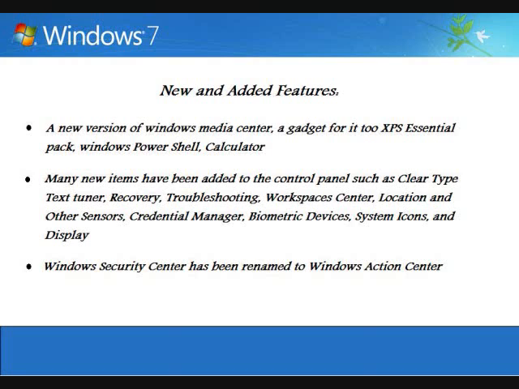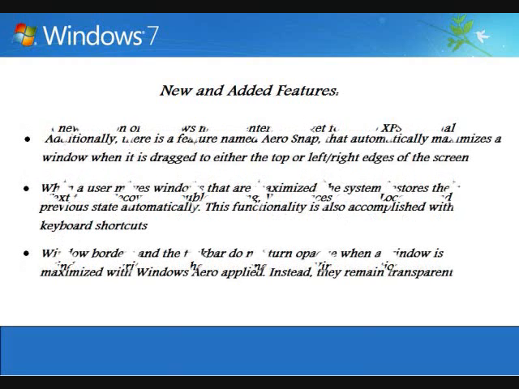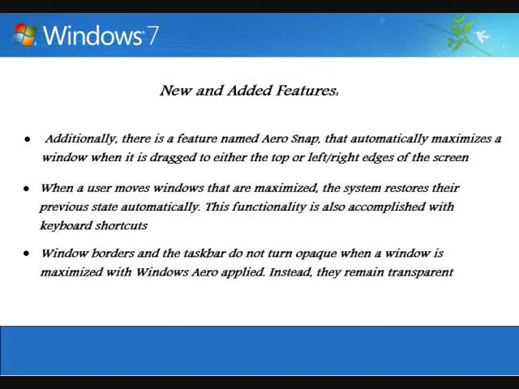Then comes the Windows Security Center, in which the name has been changed to Windows Action Center. It covers both security and maintenance of the computer. In addition to these things, Aero Snap is the main thing added in Windows 7. When a user moves windows that are maximized, the system restores their previous state automatically.